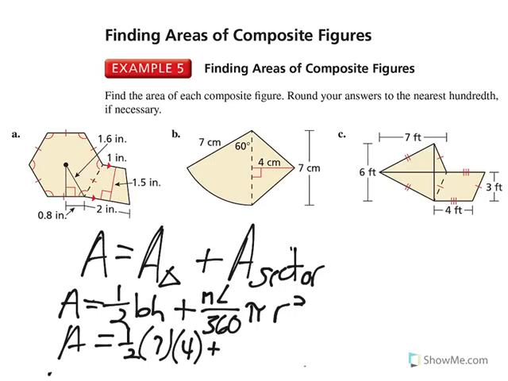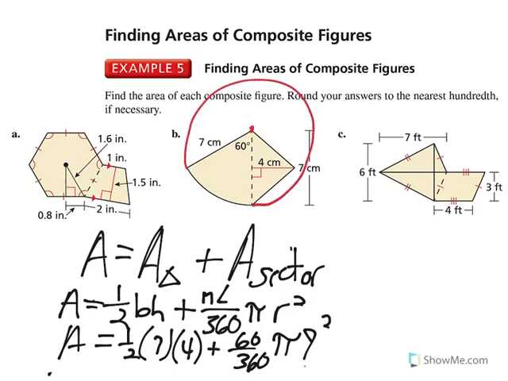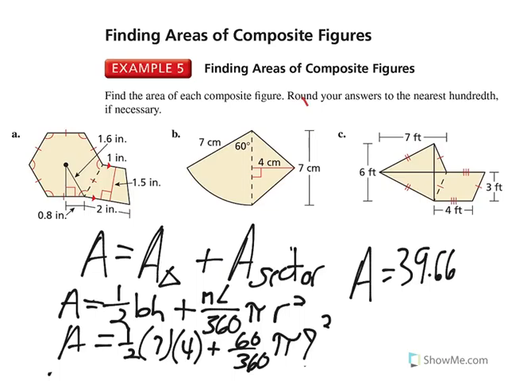The measure of the angle for our sector is 60, so I put that on top, over 360. Then we have pi, and then our r is that 7 squared, because if we completed this sector out to be a circle, that would be our radius there. Now we would just multiply this out in your calculator, and when you do that, you're going to get approximately 39.66, and this is in centimeters, so it would be centimeters squared.